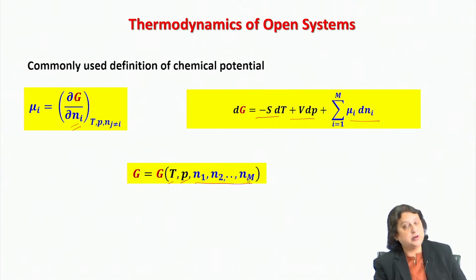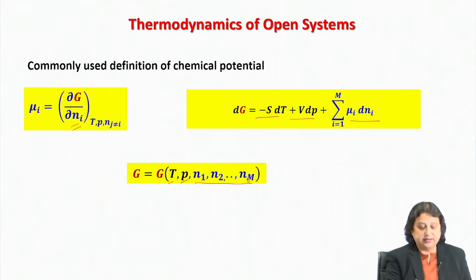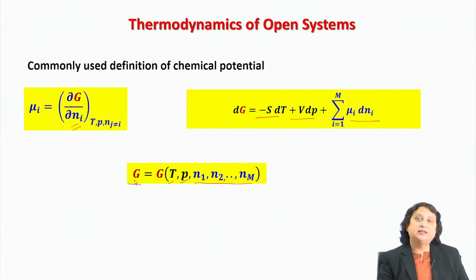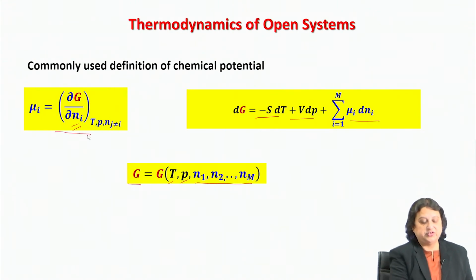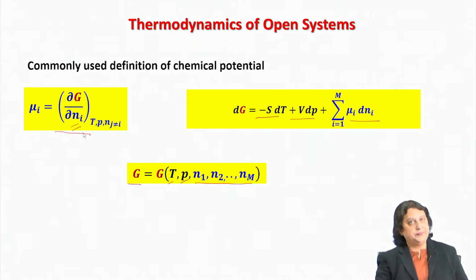And what is the thermodynamic potential under such condition? You already know that the thermodynamic potential under such condition is the Gibbs free energy, and therefore under such condition I use the chemical potential as the partial derivative of G with respect to Ni, keeping all other variables T, P, and Nj's constant.